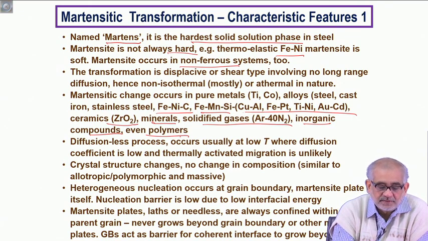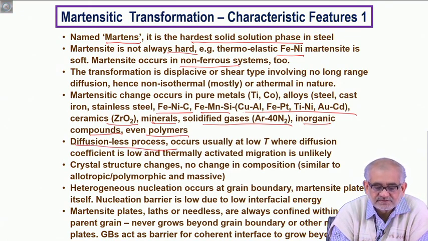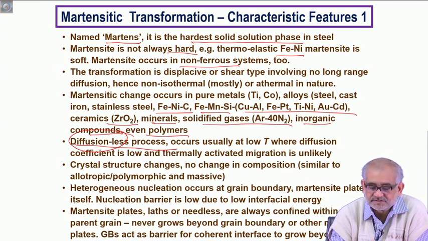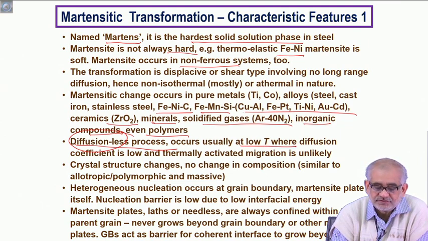But the most important thing in martensitic transformation is its nature, which is diffusionless. That means the atoms move not by integral multiples of distances, but by fractions of interatomic distances. It happens at very low temperature, where diffusion is very low.